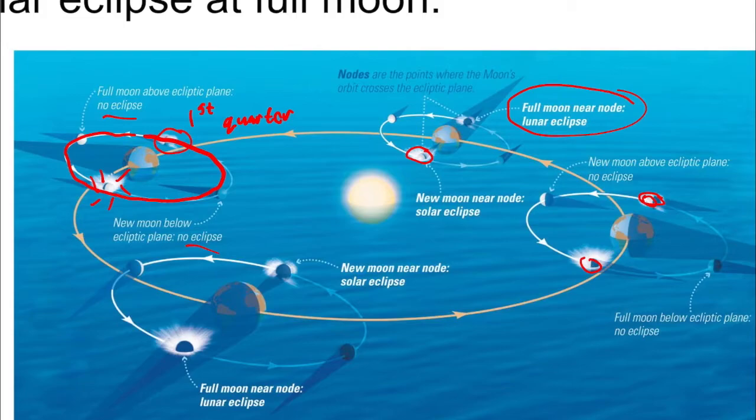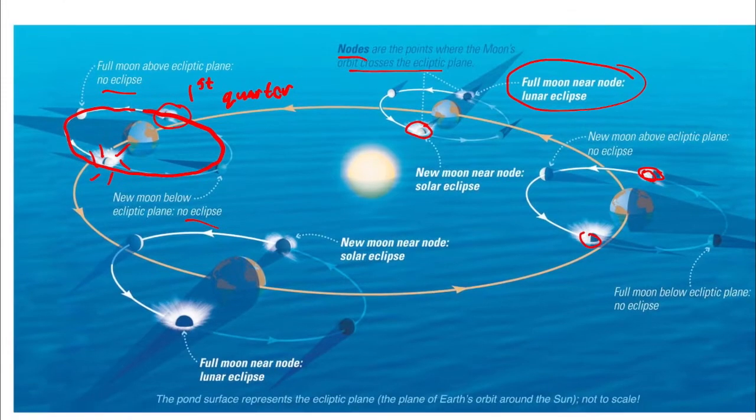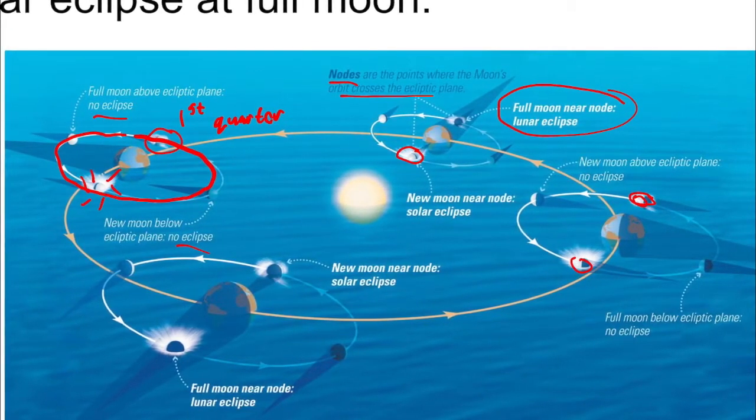But neither first quarter nor third quarter can lead to any type of eclipse. So that means the nodes, because a node again just refers to when it passes through the ecliptic plane, didn't coincide with the correct phases of the moon. Thus, no eclipse.